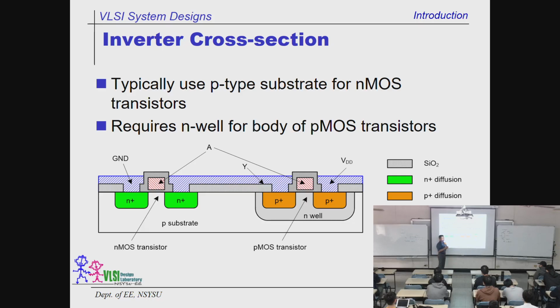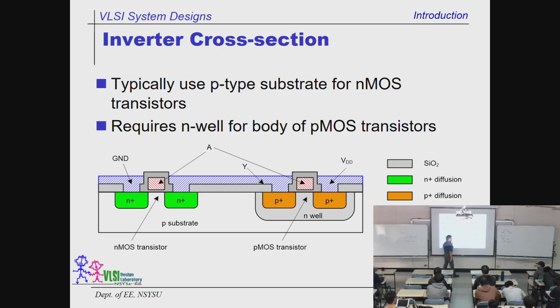But because we cannot separate these two parts onto different dies, otherwise we don't have the integration at all, we have to find a way to create an environment for the PMOS to be grown. So that's why we use the bombard technology to create a well.